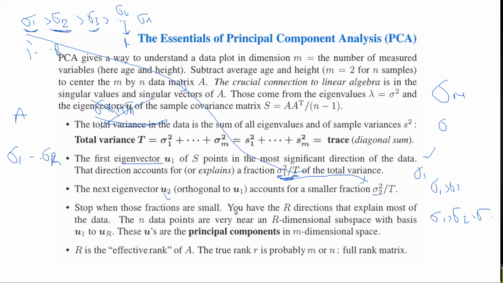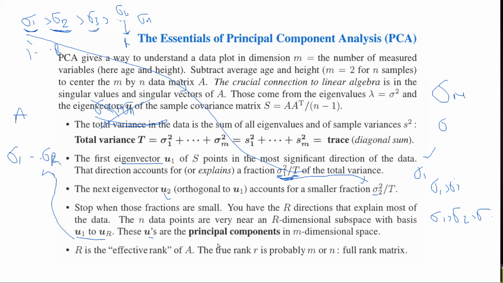Just to read through, you have R directions retained. These U's are the principal components: U1 to UR, associated with the singular values sigma 1 to sigma R, are the principal components.